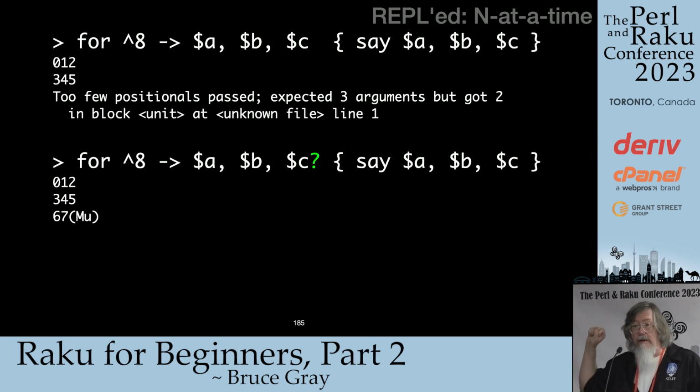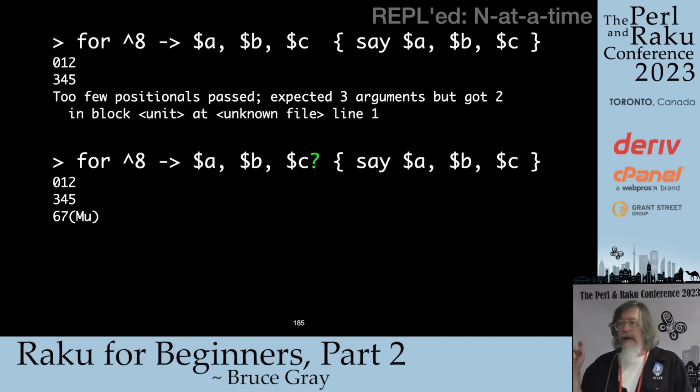You want it to catch that error. You thought it was going to be exactly divisible by 3. But sometimes you want it to not. So I can put a question mark, and that's optional. So now it won't fail. Unless B wouldn't be populated either, in which case it would fail.